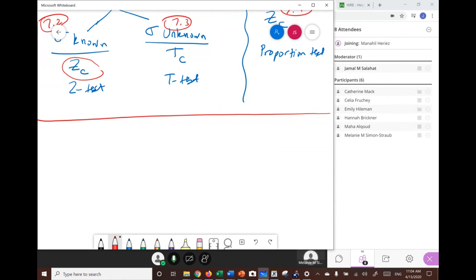Same thing in here. When we test claims in general, regardless of what you are testing, there will be two statements. We call them hypotheses. There is a hypothesis we're going to call H-naught, and that is called the null hypothesis.